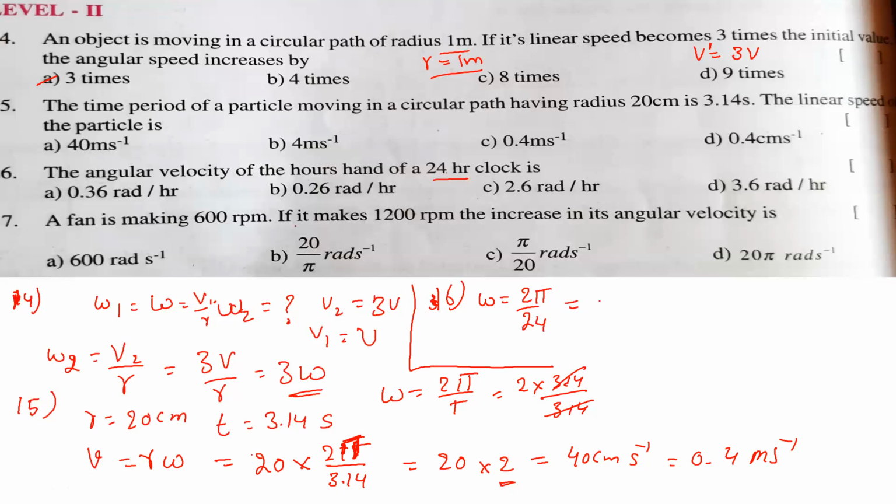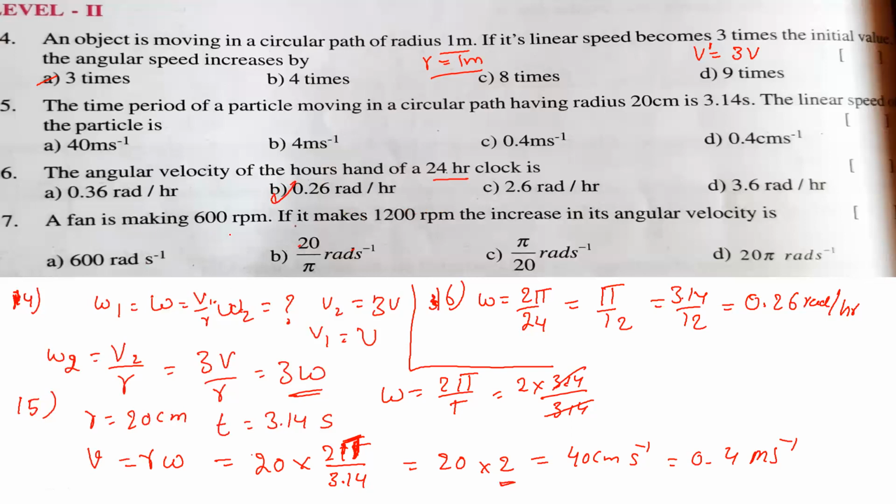So 2 by 24, what will be the answer, children? We can cancel 2 and 12. So it will come pi by 12. Pi by 12 is 3.14 by 12, so that gives you around 0.26 radian per hour. Okay, children, this is the correct answer, Option B.